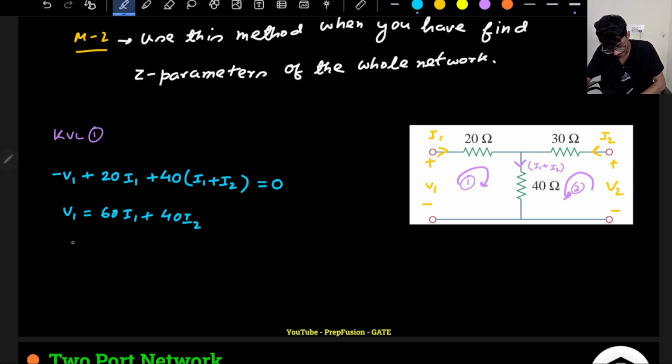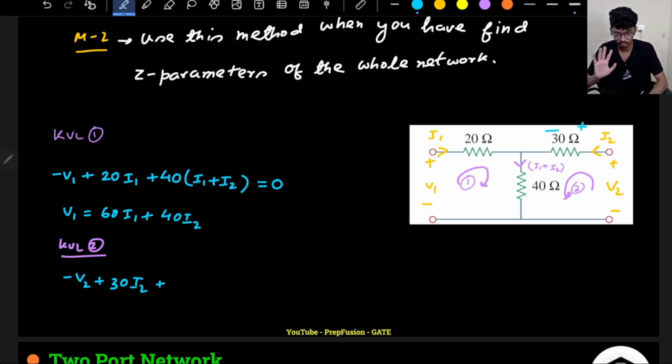And what about the other KVL? KVL in the loop 2. If I apply the KVL in loop 2, it will be minus V2 plus 30 into I2. Whatever KVL convention you follow, you can follow your own convention, but at the end you will get the same result. There will not be any difference.